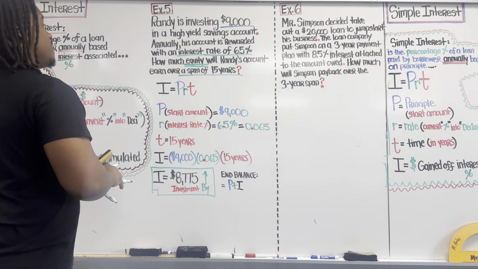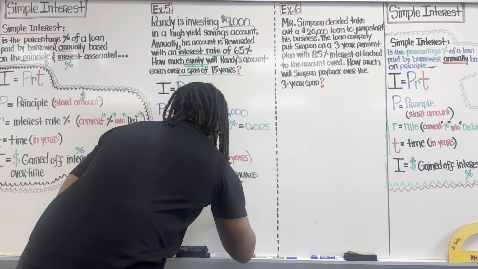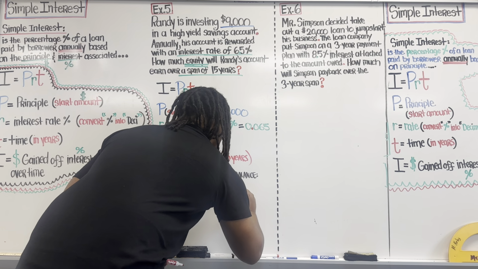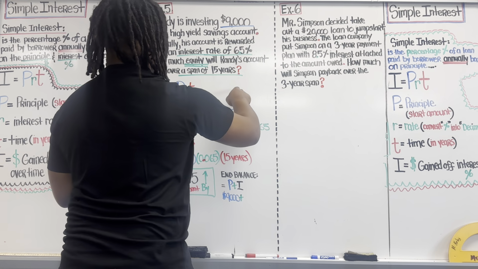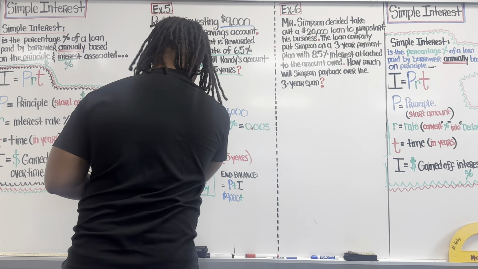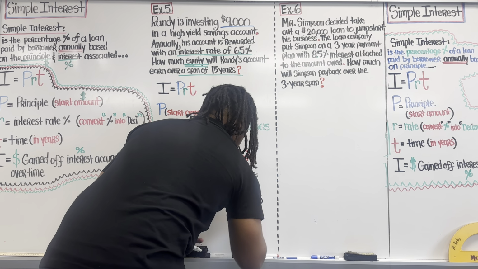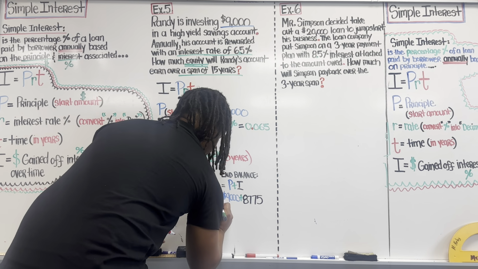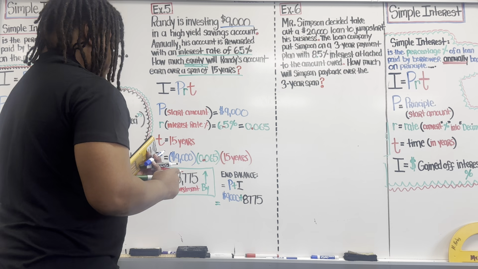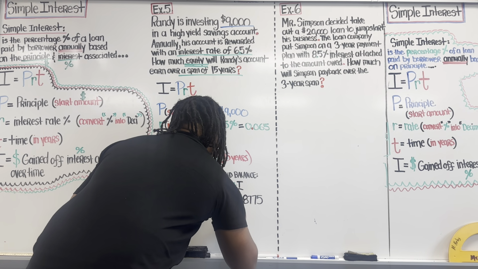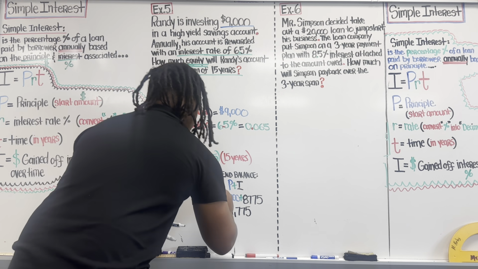Okay, once again, the initial investment was $9,000, plus the interest that was gained was $8,775. And then if you add that up, after 15 years, the account will be worth $17,775.